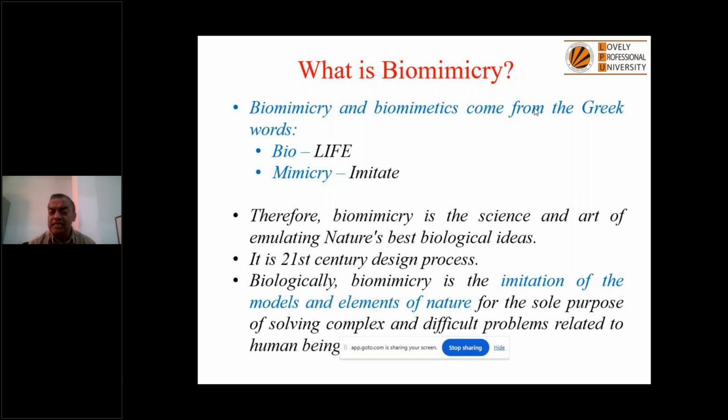Therefore, biomimicry is the science and art of emulating nature's best biological ideas. Everything in nature is very important, and it gives many ideas, and those ideas are conceived by scientists and engineers, who develop their nations by copying them. This is called biomimicry.